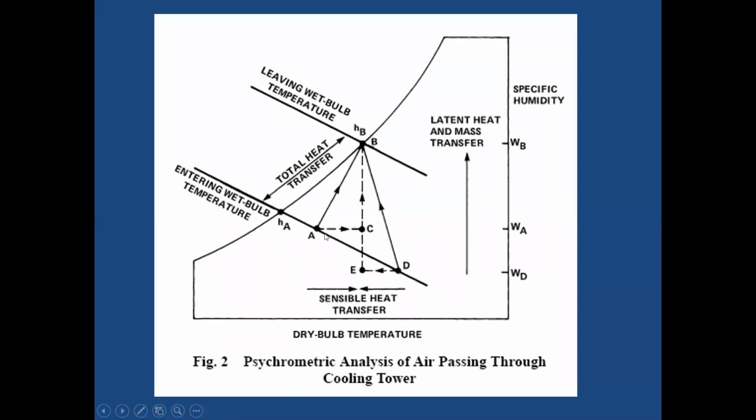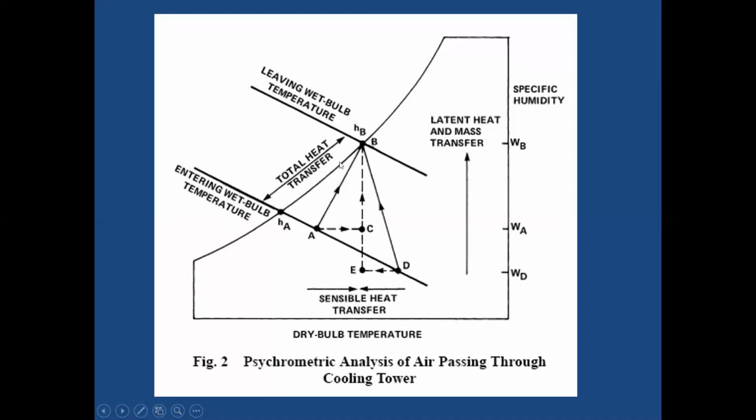This is the entry wet bulb temperature, and if you see the difference between point A and point D, they are on the same wet bulb temperature but different dry bulb temperature. Obviously, the dry bulb temperature at D is greater than at A, and comparatively the air at A is more humid than the air at D.